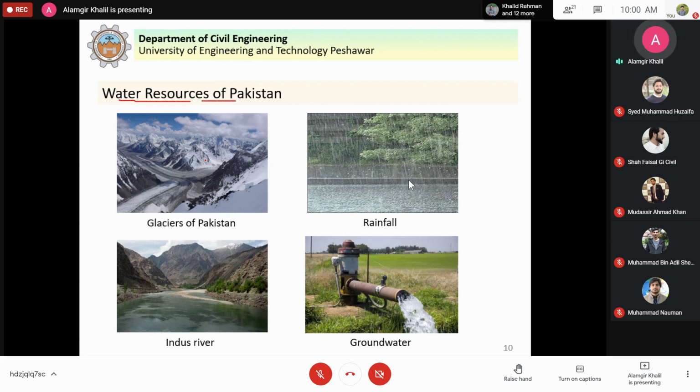And the same groundwater we are extracting for agriculture purposes also in Punjab. We are exploiting this groundwater for agriculture in addition to the canal water, the rivers. So let us briefly discuss these components in detail.